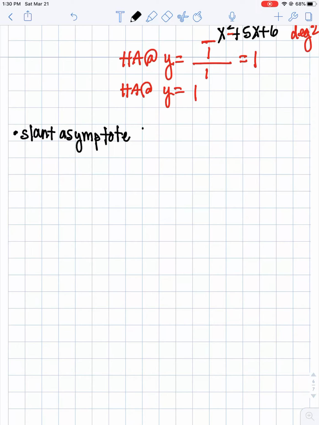And honestly, you probably got out of high school without ever hearing about a slant asymptote as well. That's called SA, that's what I call it, at least. It's for shorthand. So a slant asymptote, they're very, very rare.